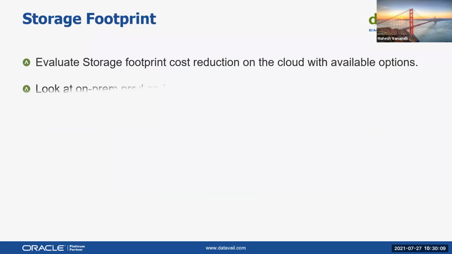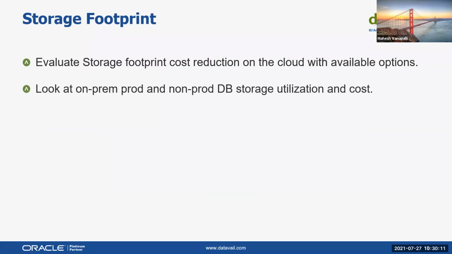So the storage footprint on-prem, with the latest and greatest storage solutions available, we can simply use virtual storage on non-prod, and production is only physical storage on-prem. But when we go to cloud, that option is not available on every cloud platform.